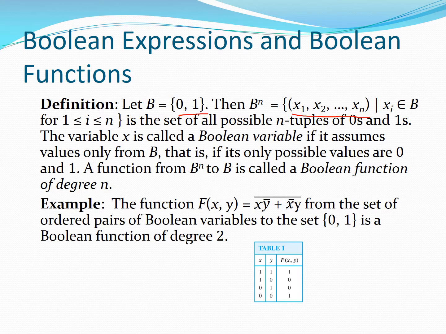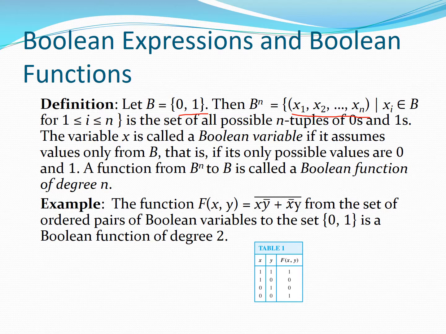Okay, so now each of these individual values is called a Boolean variable. So x1, x2, so on till xn are called Boolean variables, and B to the n represents n tuples, right? Since it contains n variables, it's called an n tuple.